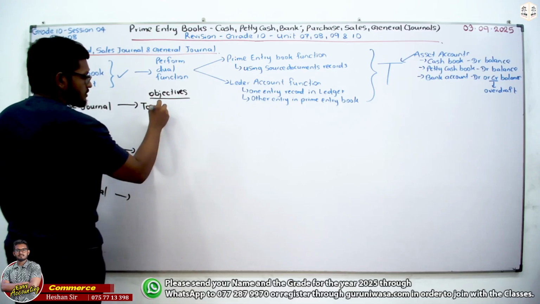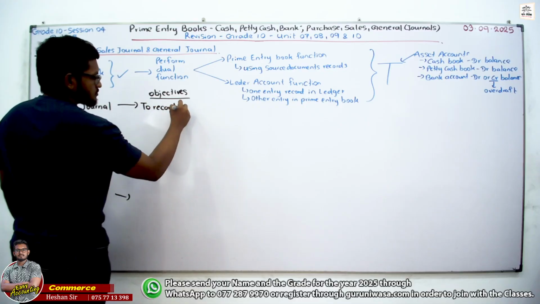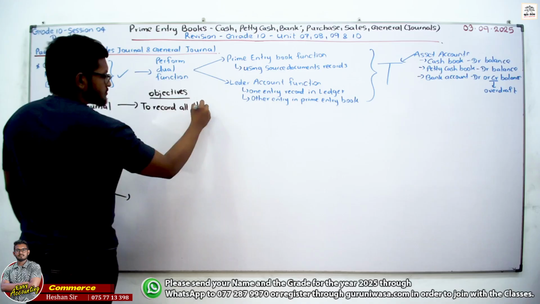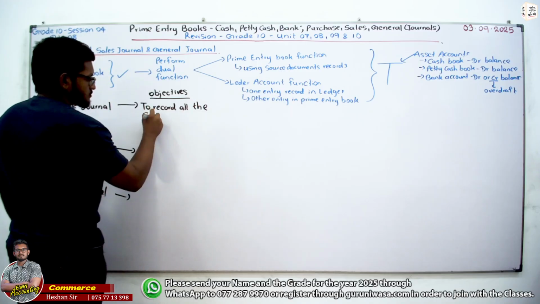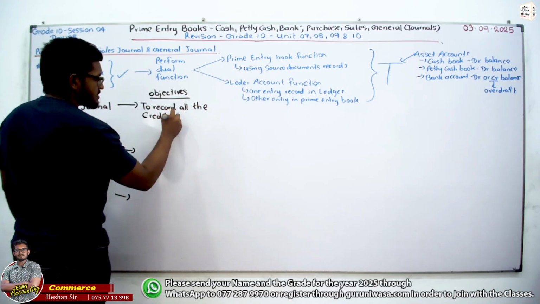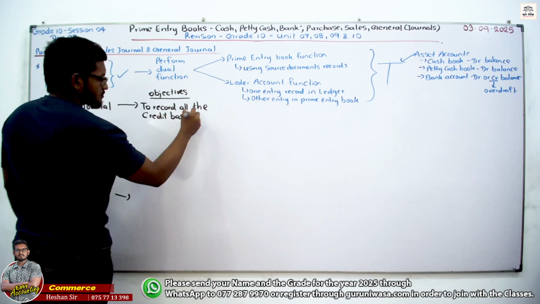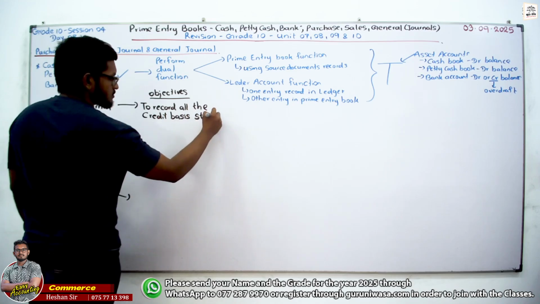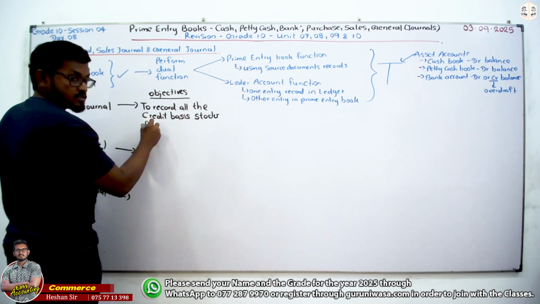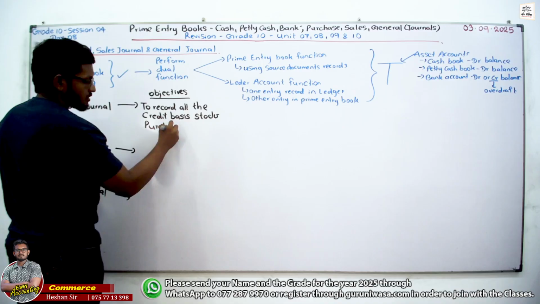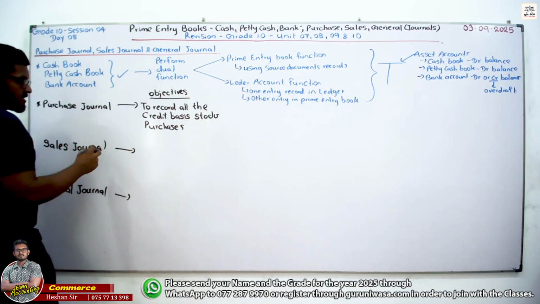To record all the credit basis stock purchases. Why the sales journal?